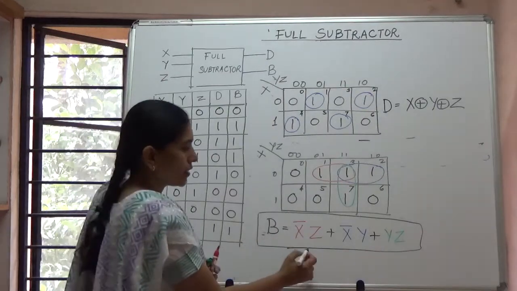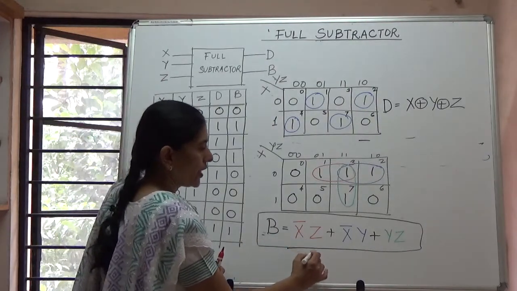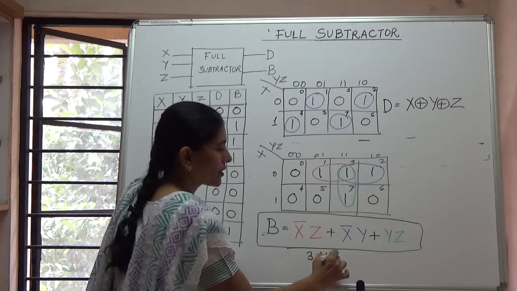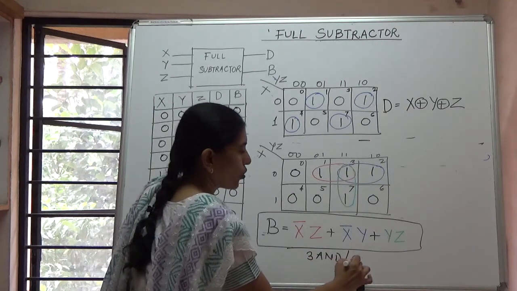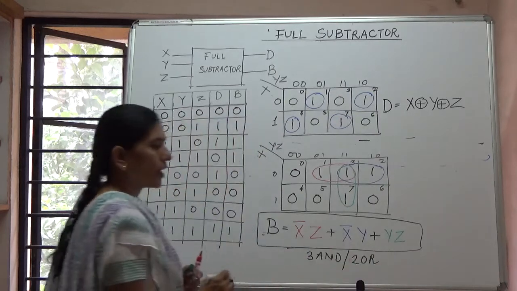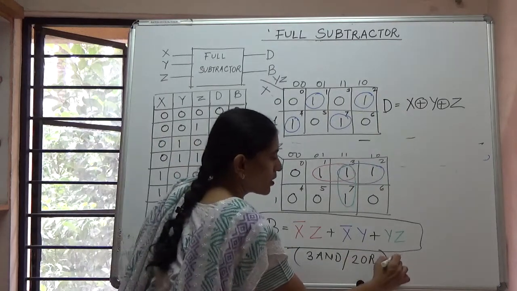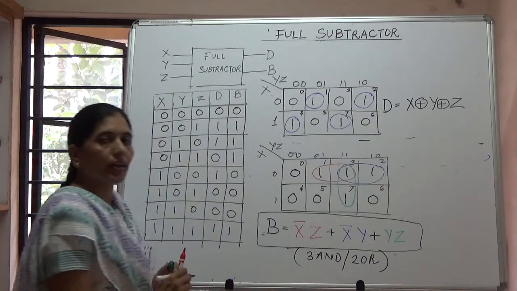This can be implemented with 3 AND gates and 2 OR gates, considering that all of them are 2 input gates.